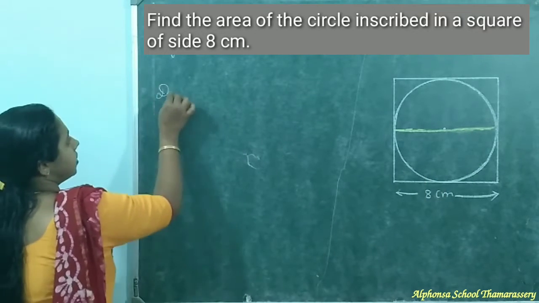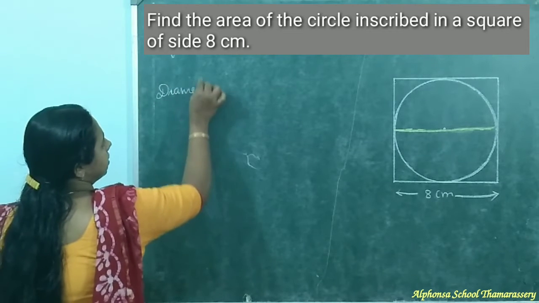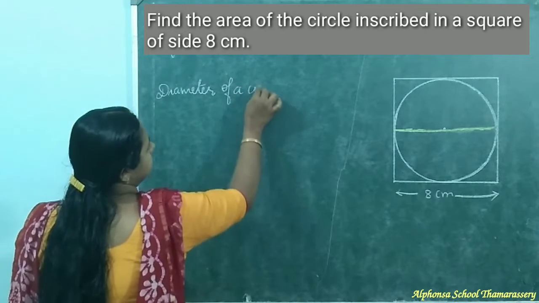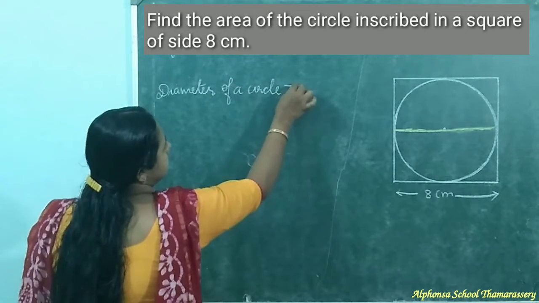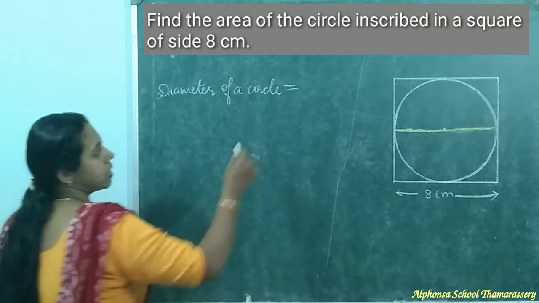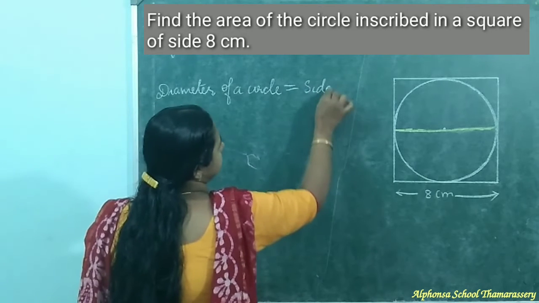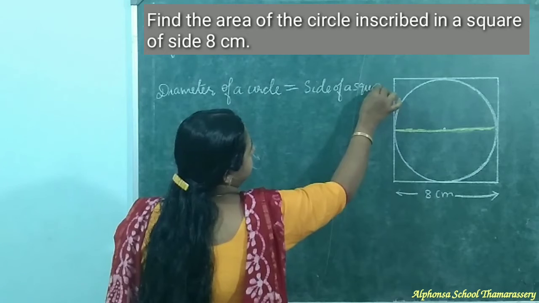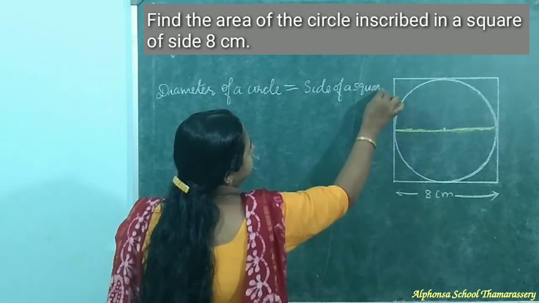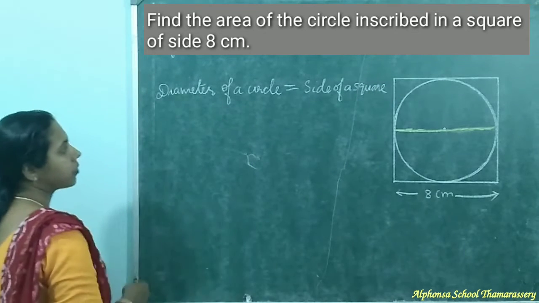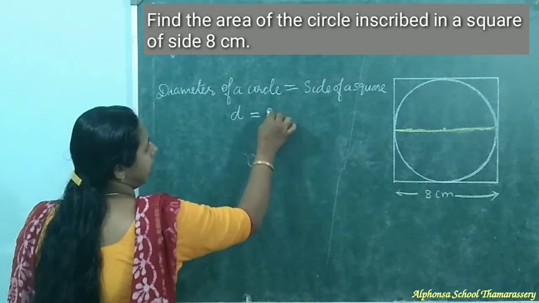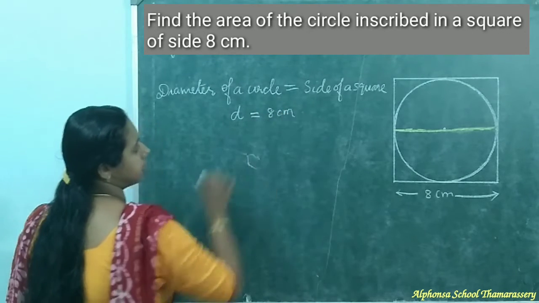So diameter of a circle is equal to side of a square. That means D is equal to 8 centimeter.